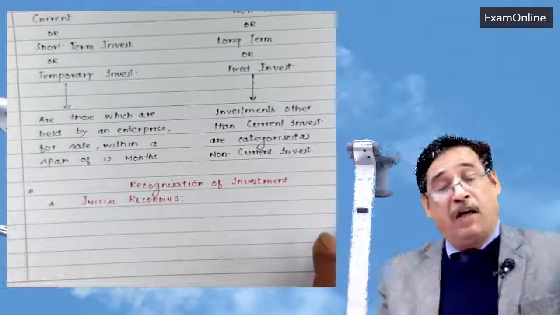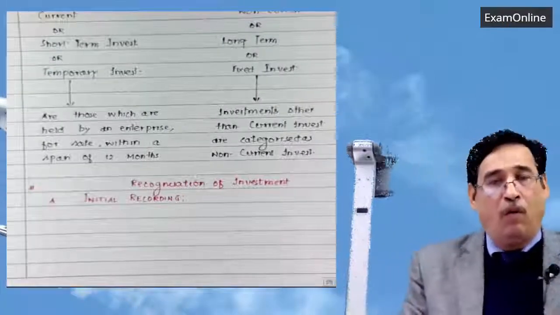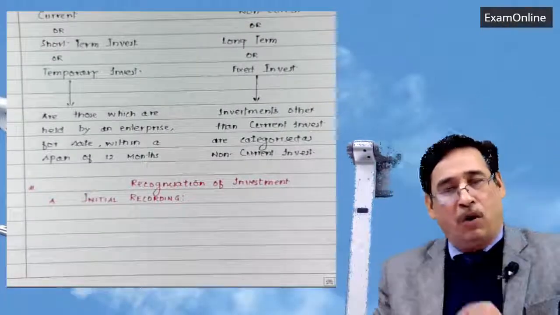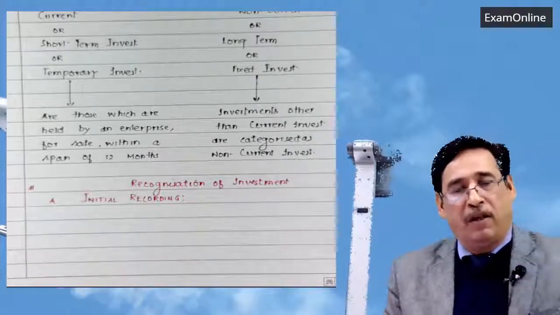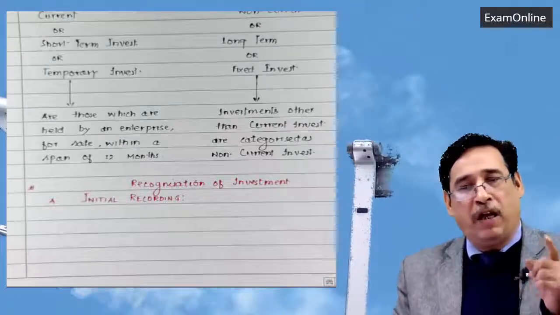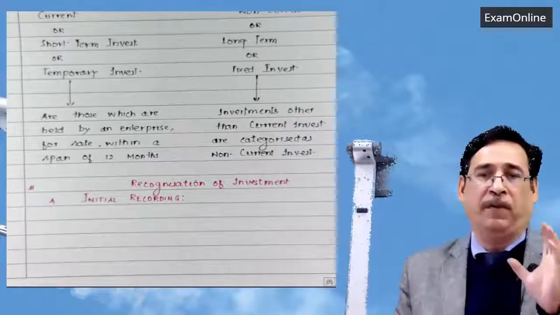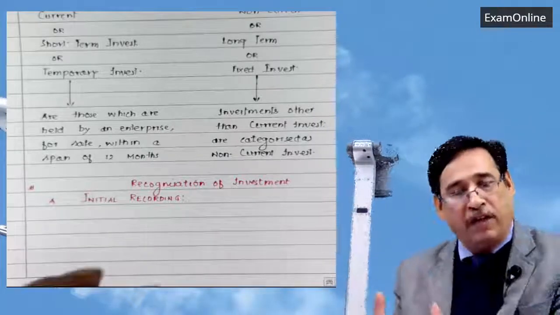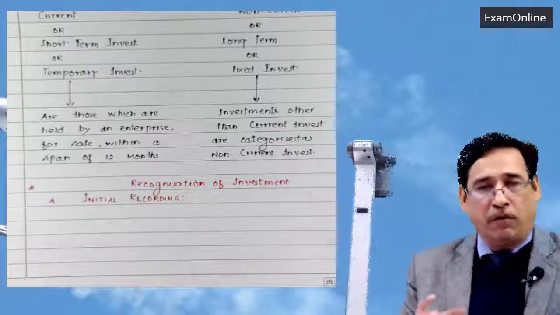Today, let us say I bought 1000 shares of rupees 10 each. Whatever date today is, on this date, at what value should I recognize the investment? The standard states that initial recording should always be at cost.